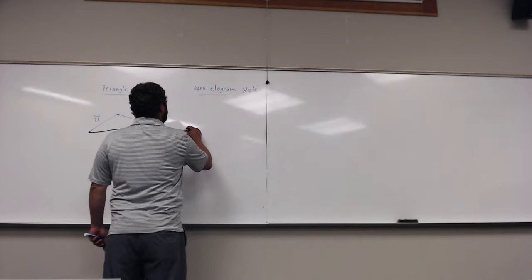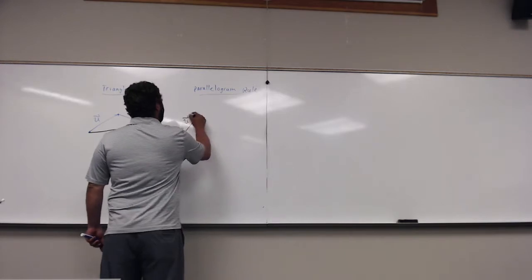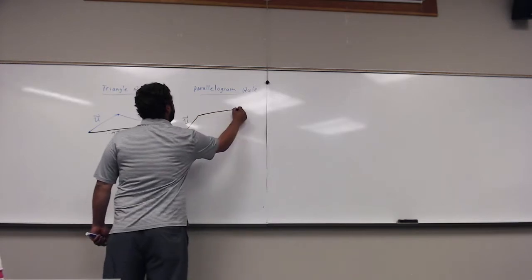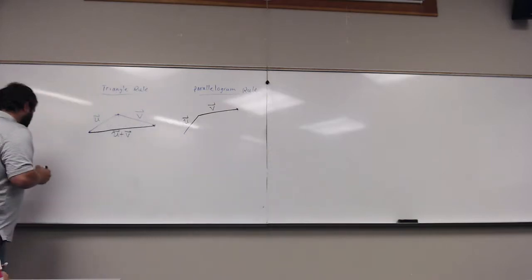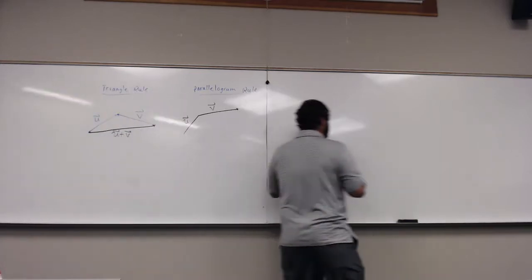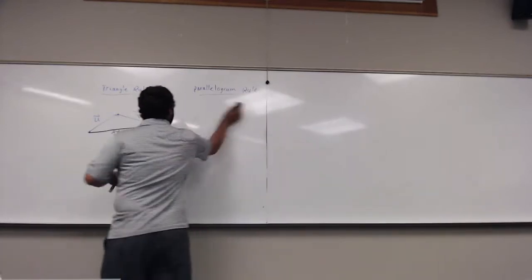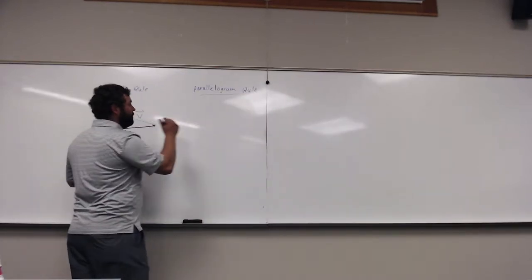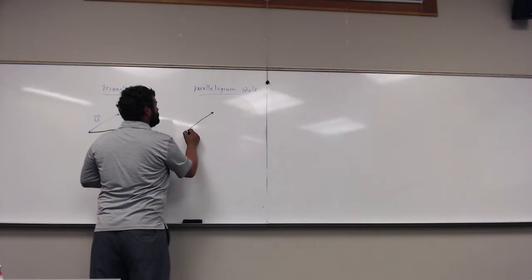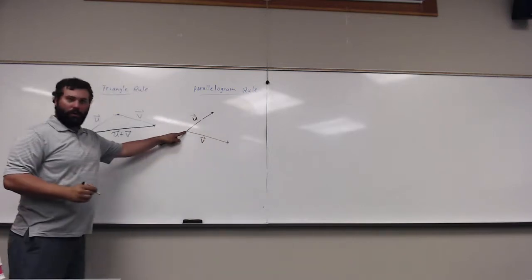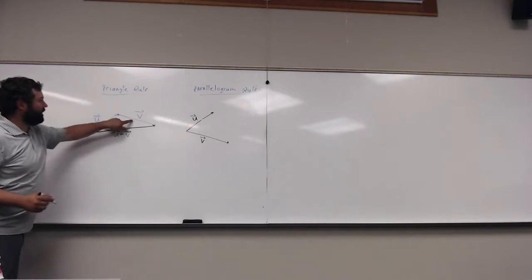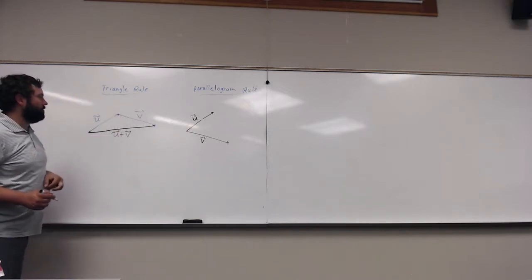And then if I wanted to add u and v, I'll do it this way this time. If you want to add two vectors using the parallelogram rule, you join them together at their tails, as opposed to placing the second vector at the head of the first vector.